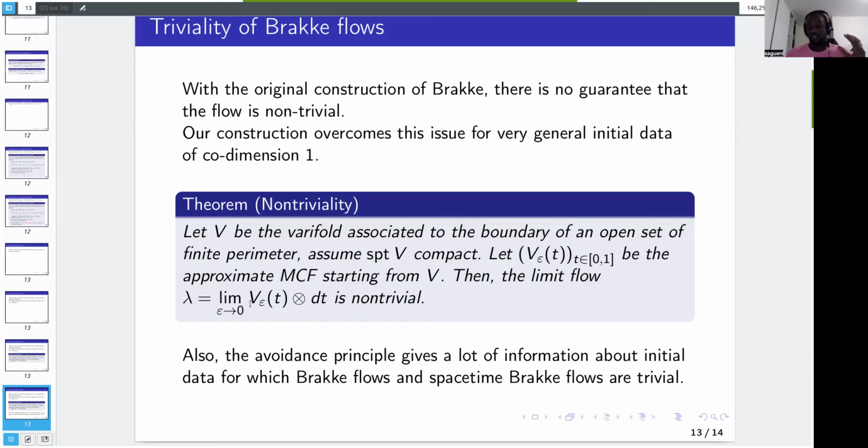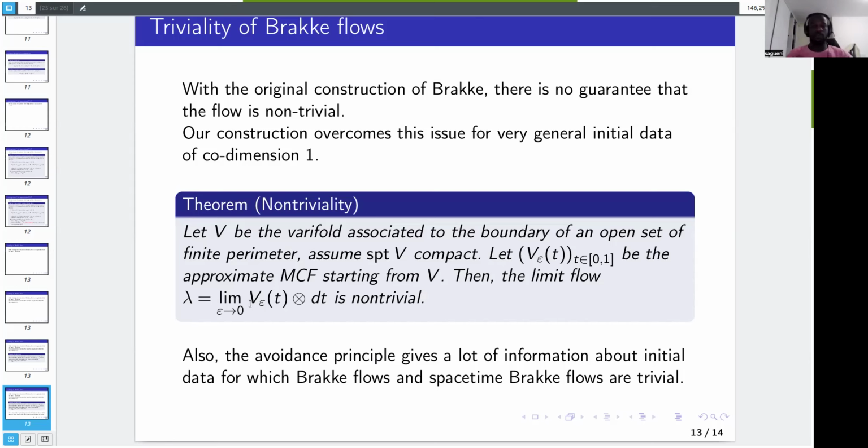What is the characterization? It is that if you have endpoints, if you don't have any volume inside, your flow is going to disappear because the endpoints have some singular mean curvature that is going to push your object to a point, and your object is going to disappear.